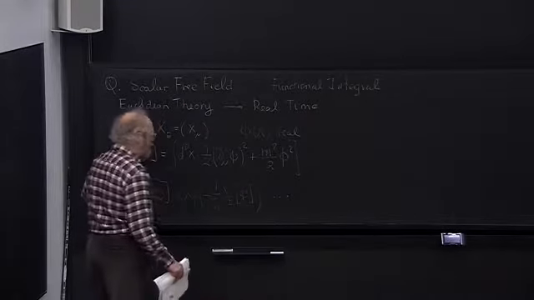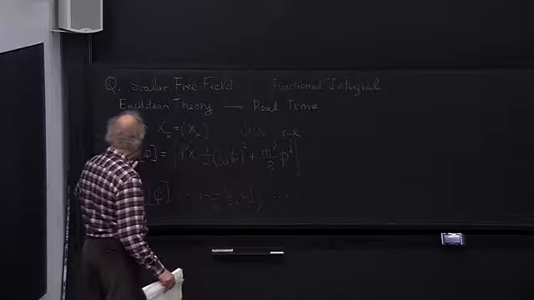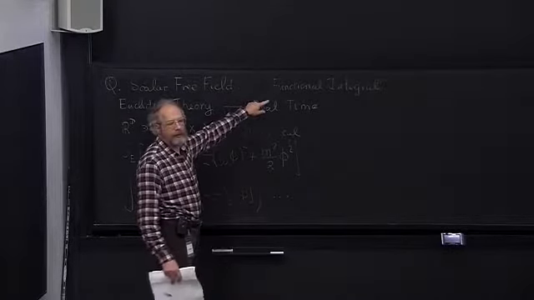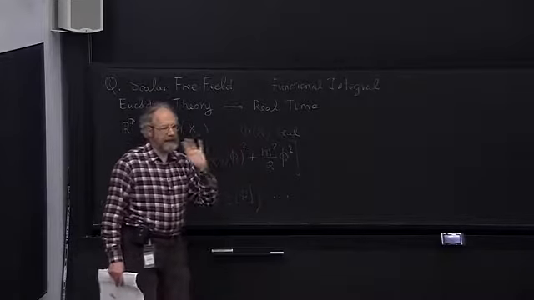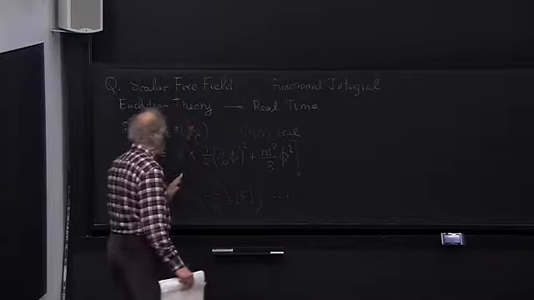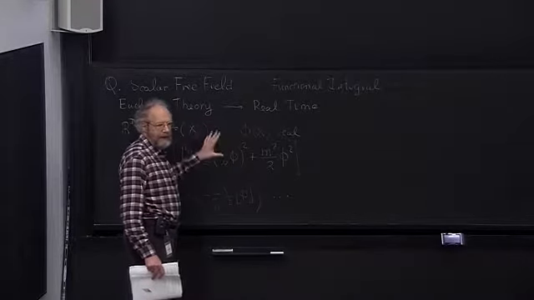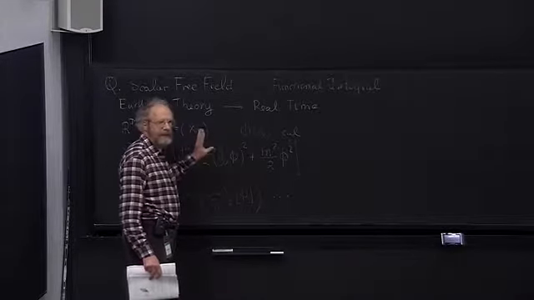So I already stated that it is convenient, if we want to repeat the steps we did for the quantum mechanical particle, to discretize time, and in order to have a system with a finite or a discrete number of degrees of freedom, to discretize space.